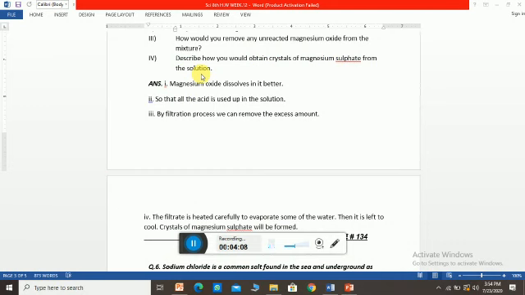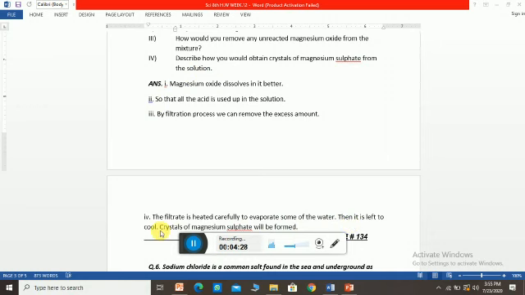After removing the water through evaporation, it is left for some time to cool down, and at the end crystals of magnesium sulfate will be formed.